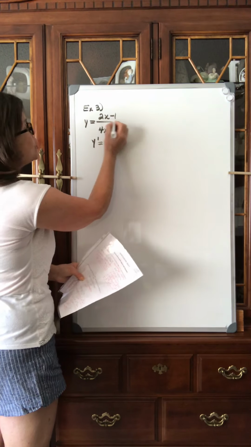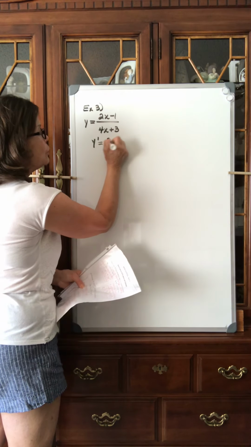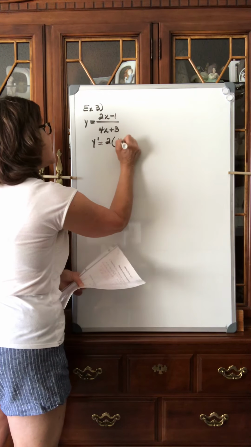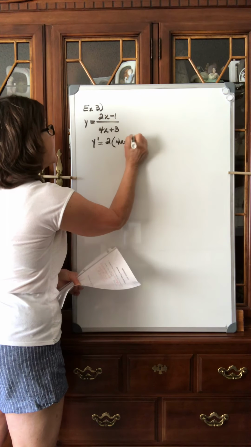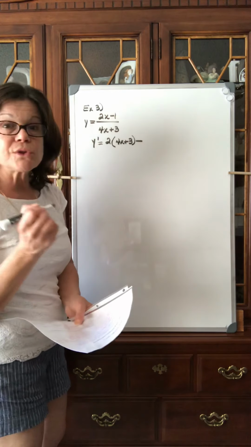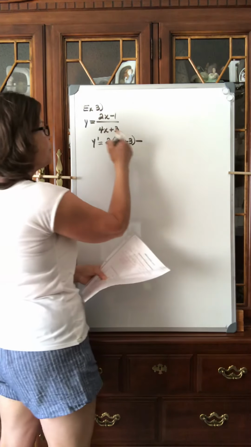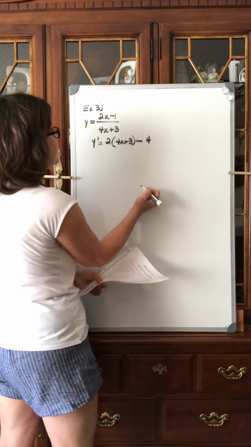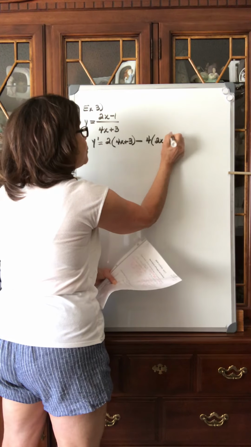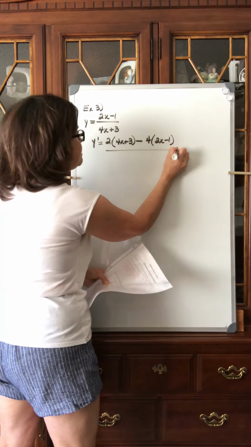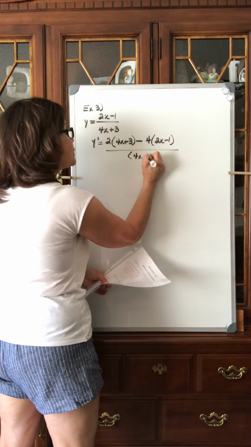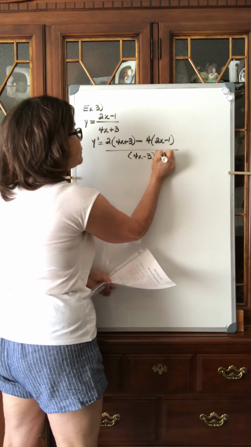The derivative of 2x minus 1 is just 2. You multiply that by the denominator, which is 4x plus 3. This formula has a subtraction in it. Then you use the derivative of the denominator. The derivative of the denominator is 4. Multiply that by the numerator, 2x minus 1, divided by your denominator, 4x plus 3 squared.